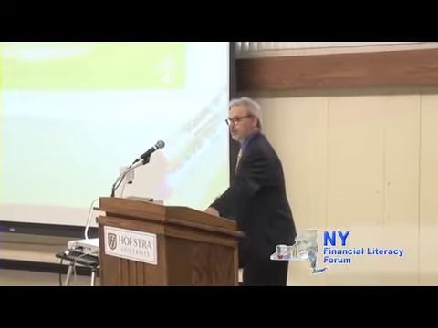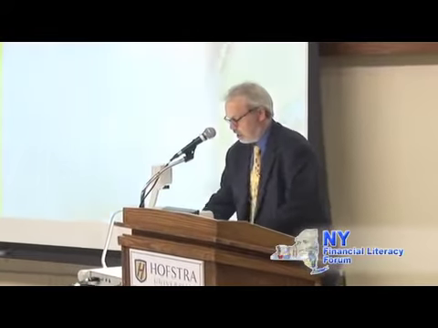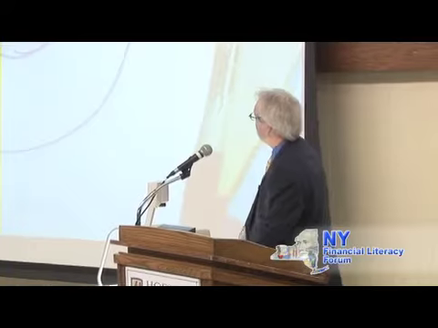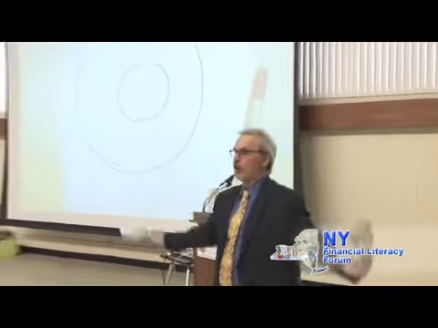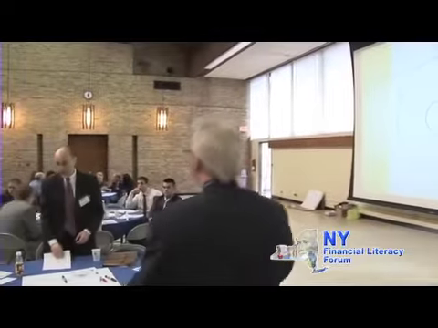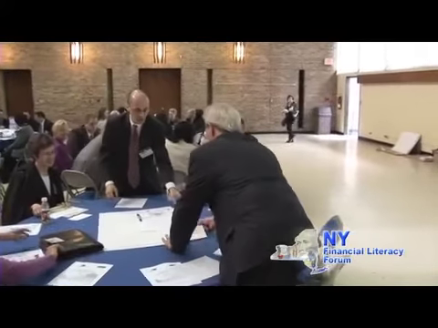What I'd like somebody to do, whoever is the scribe, is make a very large concentric circle in the middle of the large paper that you have. Here, I'll demonstrate. This is not hard.